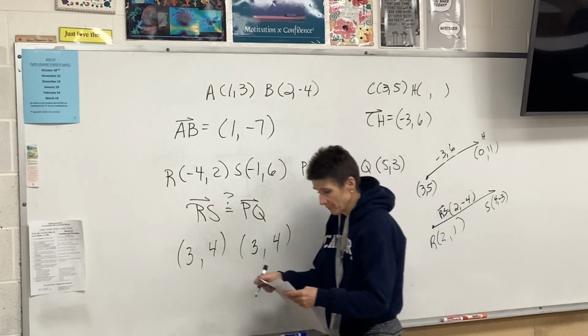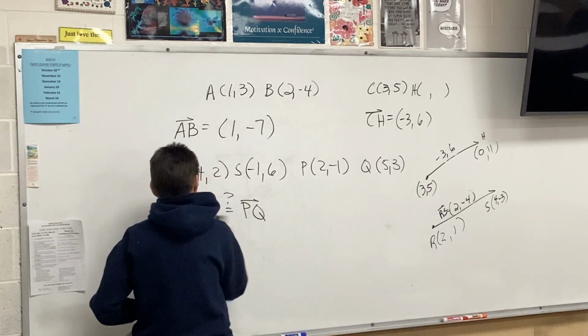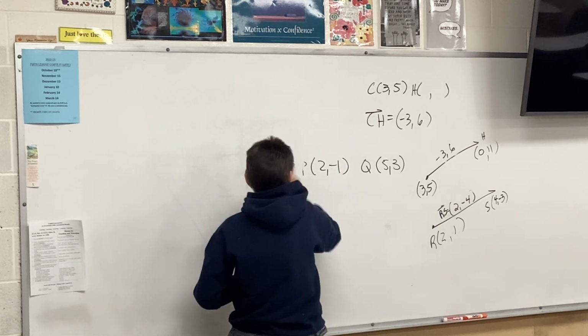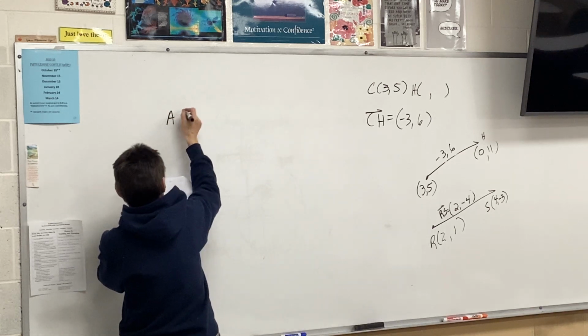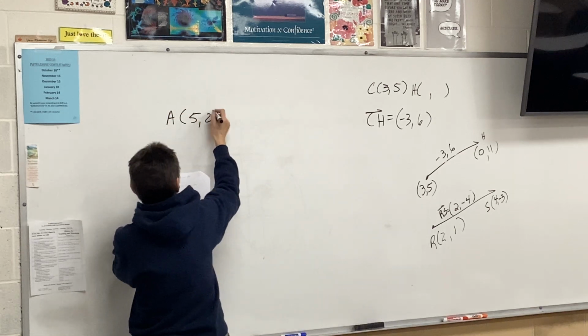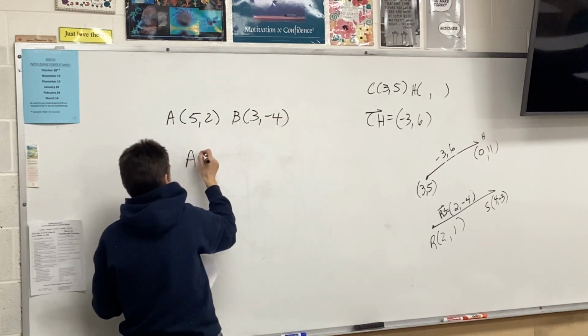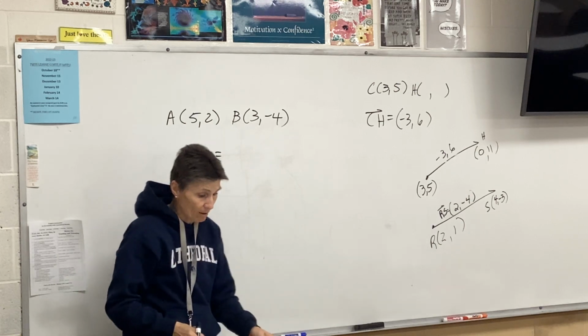All right, number 5. Notice that number 5 is using the absolute value notation. And we talked about that a minute ago. We've got a couple of points. We're going to make a vector AB. So let's figure out what the coordinates of vector AB are.